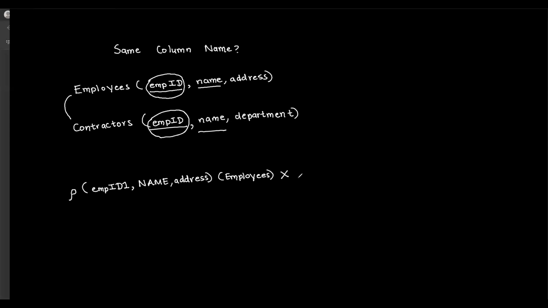That will be cross product with a rename: instead of emp ID, I can have emp ID 2, name, and department, of contractors.